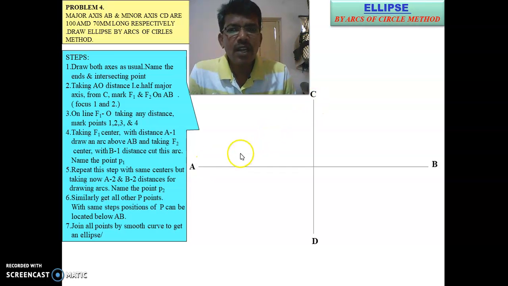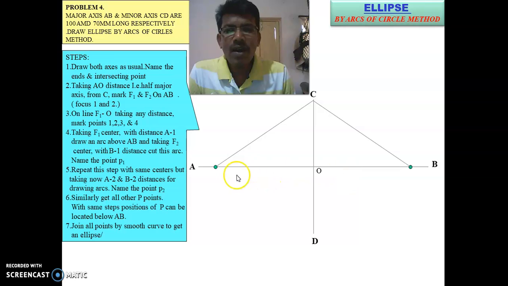With C as a center, you can make two arcs on both sides of O. A to O as a radius, C as a center, you make an arc here and another arc here. These two points are focus point 1 and focus point 2.